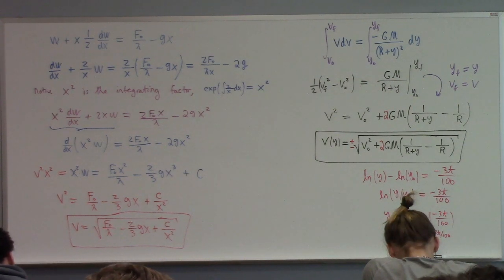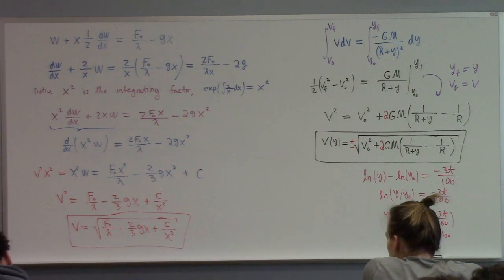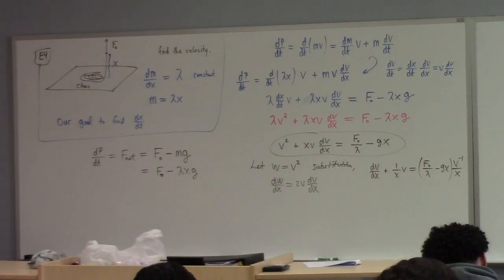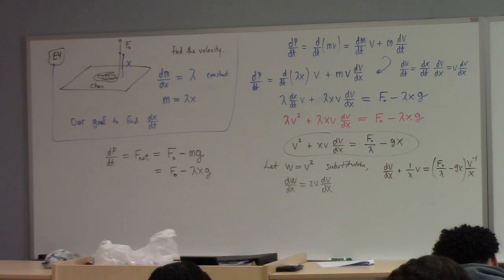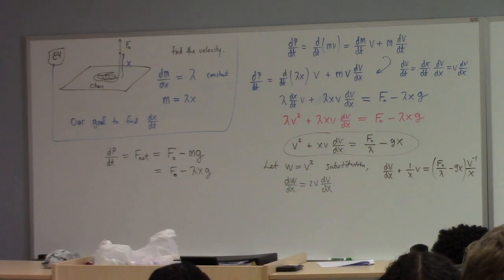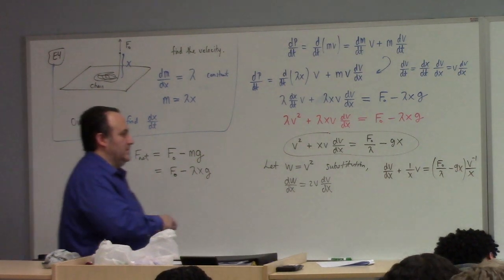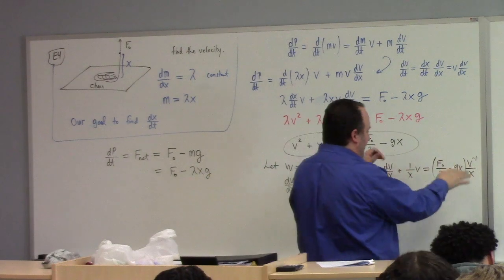What was the rule for the Bernoulli substitution? Do you guys remember? Yeah, w equals y to the 1 minus n. Is that what I did? Well, v is the y here, right?